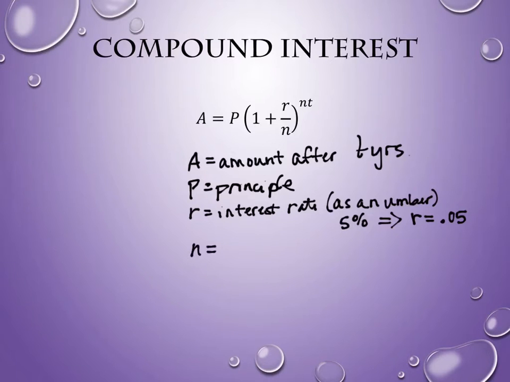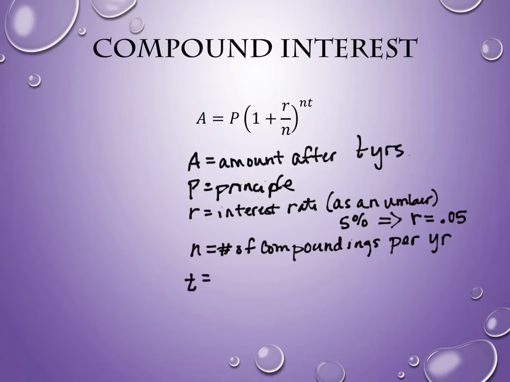N is the number of compoundings per year. So if it says annually, that'd be once a year. If it says monthly, that would be 12 times a year. Quarterly, it would be 4 times a year. If it said daily, it'd be 365 times a year, and so on.